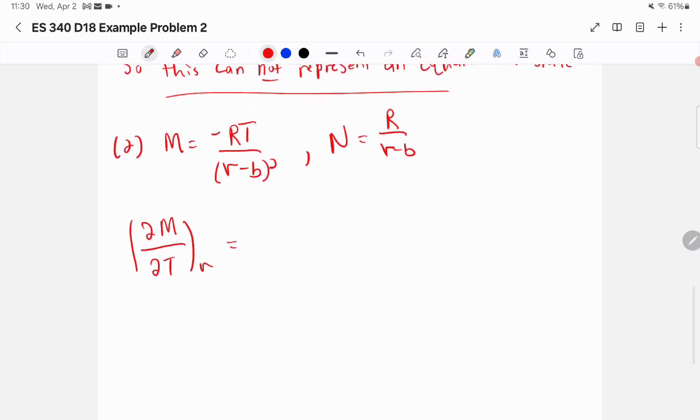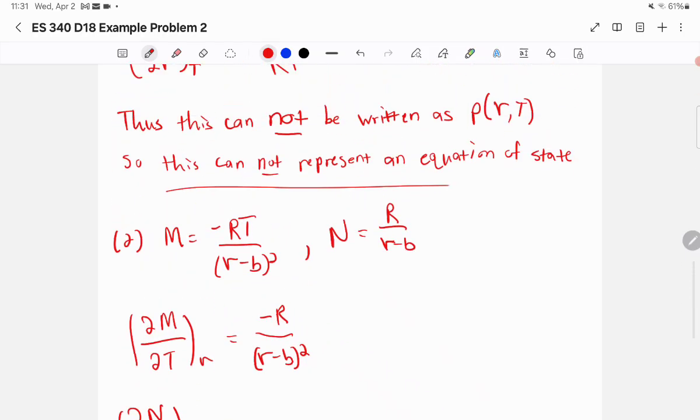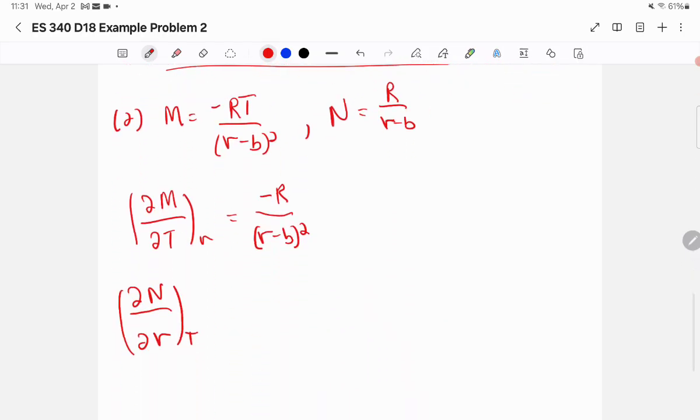That just means I get something with (V minus b) squared in the denominator, and taking this with respect to T, I get minus R over (V minus b) squared. Now dN/dV holding T constant, there's no T in this anyway, so that doesn't matter.